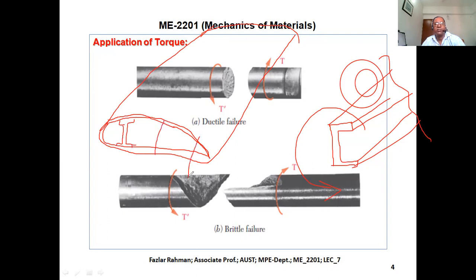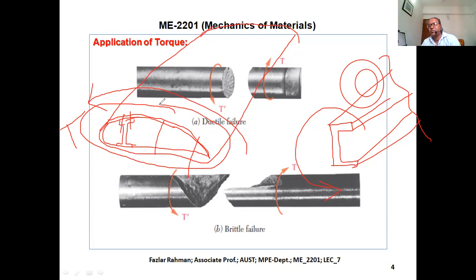Say over here, like that. Due to the wind, this structure also experiences torque T. And due to the torque, it generates shear force. Then if you put a rivet over here or any fastener or nut bolt, you need to make sure the nut bolt is strong enough to carry the shear load. But this shape is not circular. So by tau equal to TR by J.